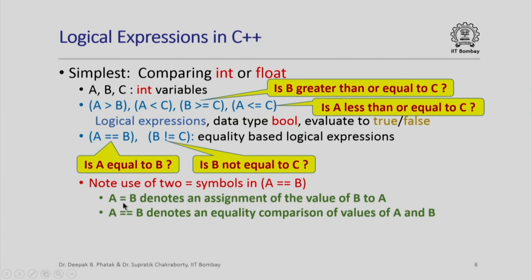So if I write a single equals, a equals b, I am denoting an assignment to the variable a of the value of the variable b. a equals b says take the value of b and assign it to the variable a, whereas a double equals b means it is an equality comparison where I am comparing the values of a and b and asking if they are equal.